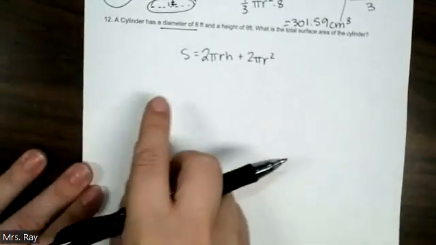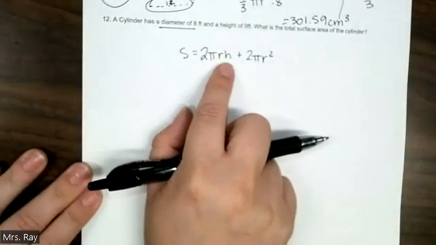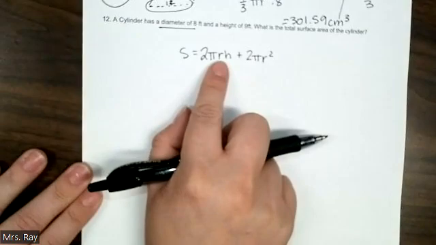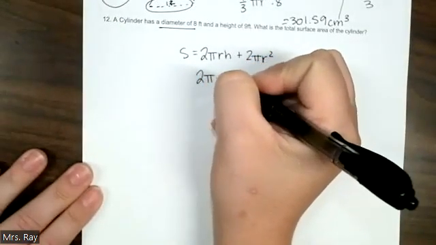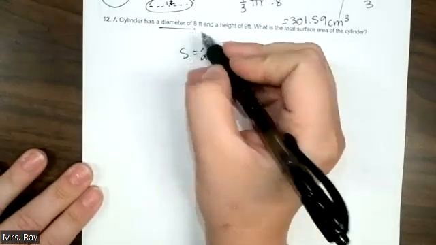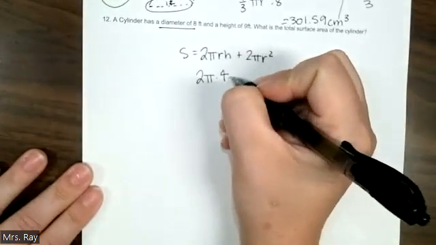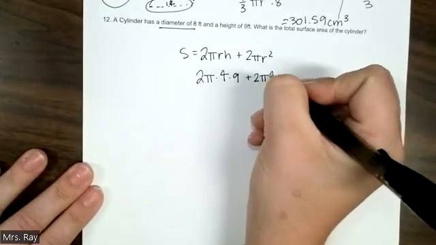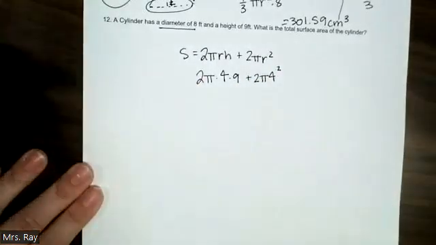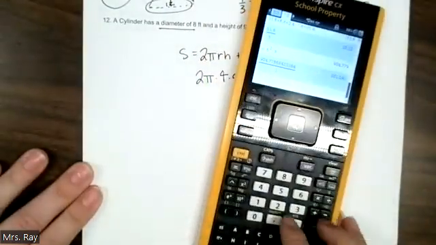There we go. We just talked about how you can use diameter to find radius, because radius is half the diameter. So 2 pi times 4, because that's what half of 8 is, times our height, which is 9, plus 2 pi 4 squared. And you can type that whole entire thing into your calculator.